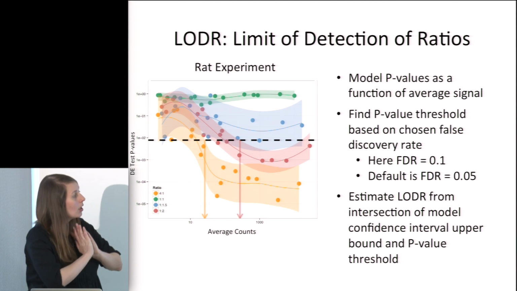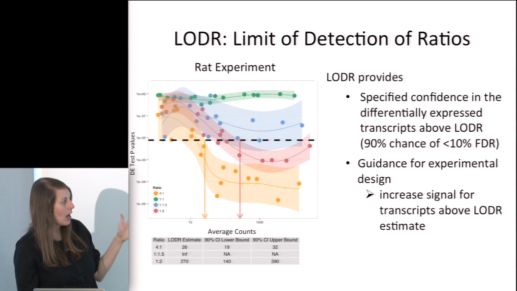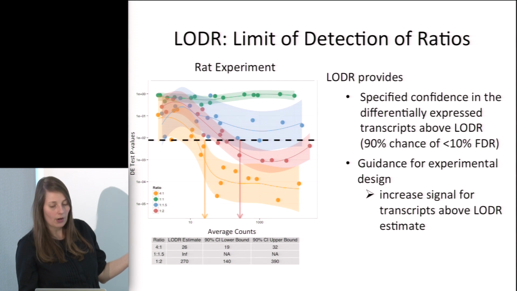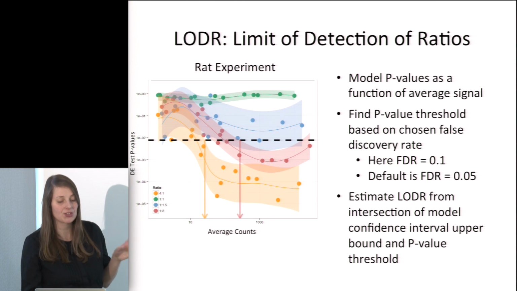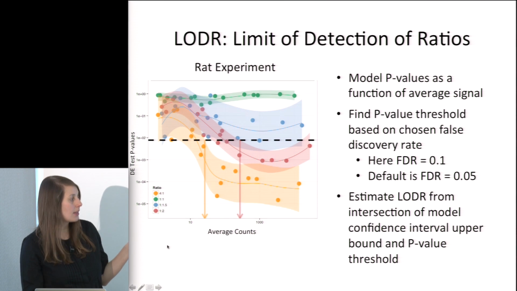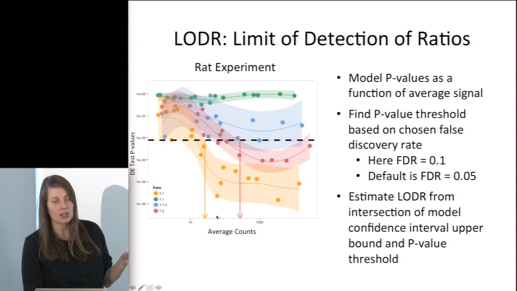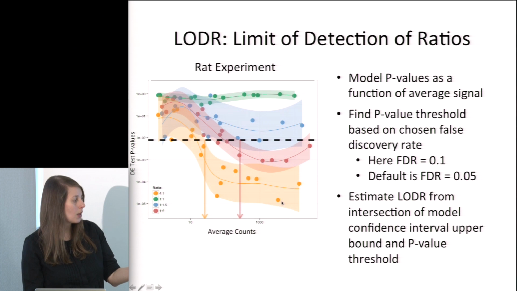And so here you can see the LODR plot for the rat experiment, where we're modeling p-values as a function of average signal in the experiment. So this is the average count data, and so we're increasing in counts as we move from left to right across this axis.